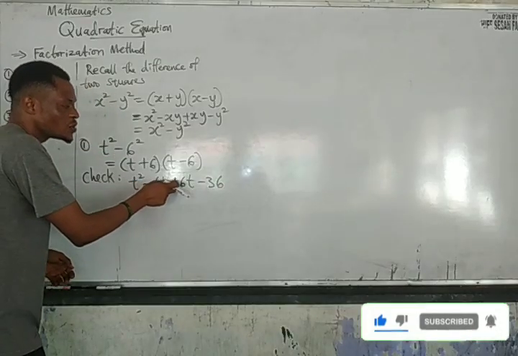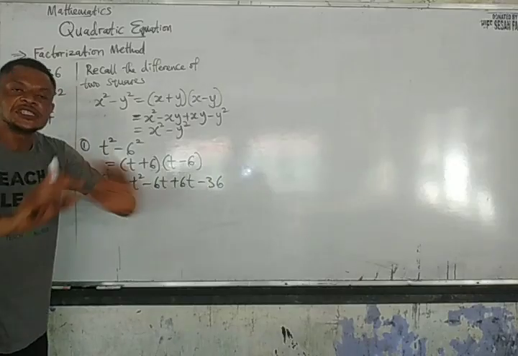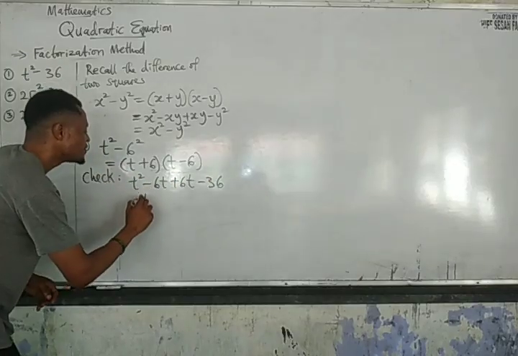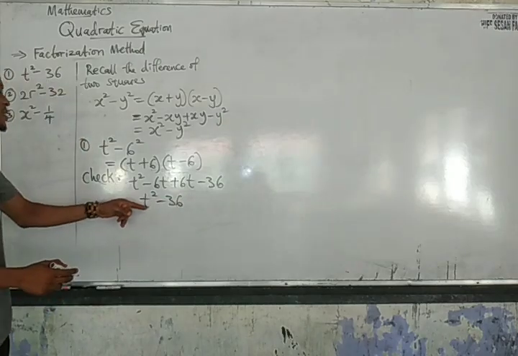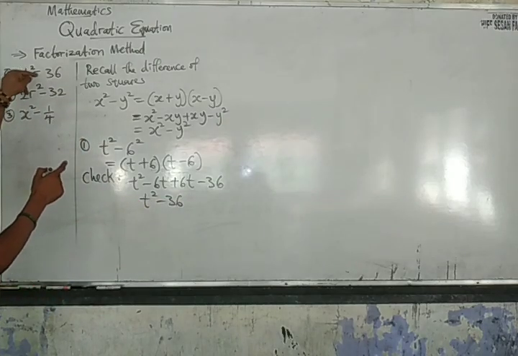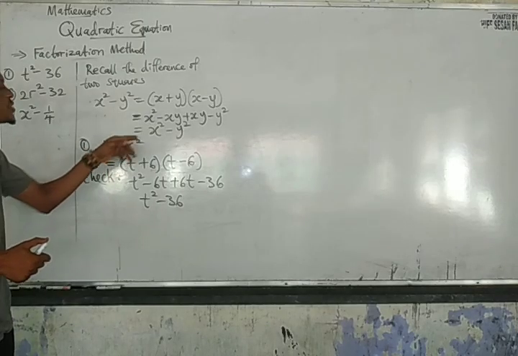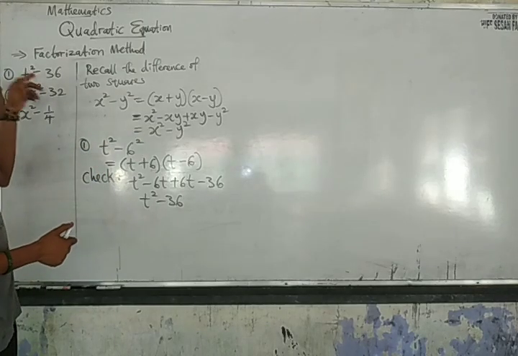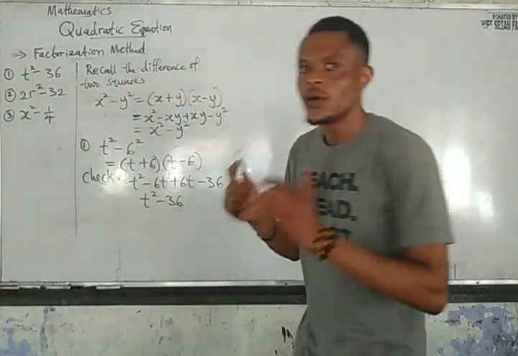Minus 6t plus 6t, all the t's are gone. So you have t squared minus 36. That means t squared minus 6 squared is still the same thing as t squared minus 36. Easy.